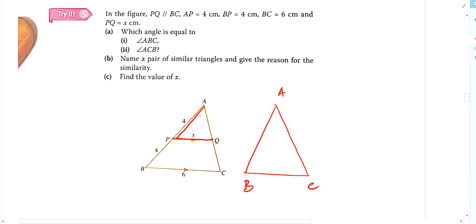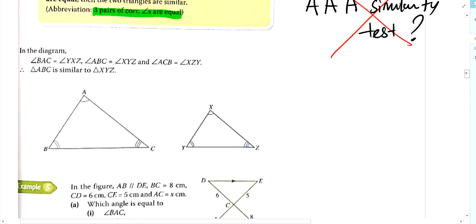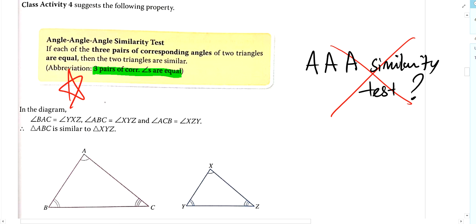This will be compared with APQ. Okay, you only learn one test. What is the test so far for similarity? Hey, you need to memorize this, huh? Go back to this highlighted one, put a star and write memorize. 3 pairs of corresponding angles are equal.